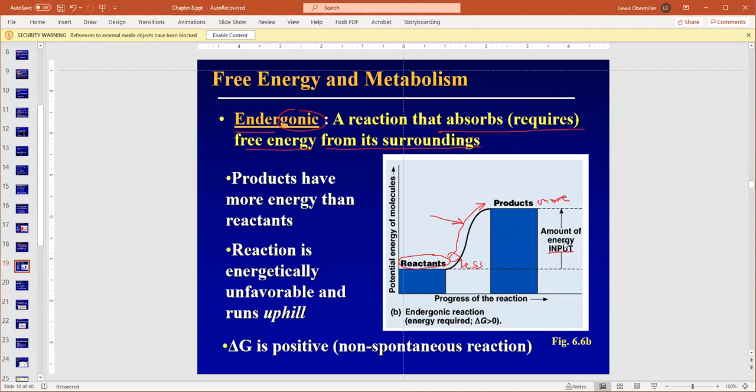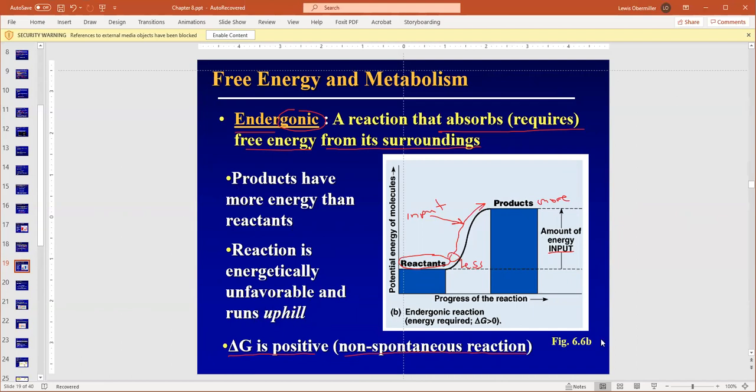We have to input energy into the system. You could push it up the hill, or carry it up the hill, or use a machine to make it go up the hill. But regardless, you're going to have to input energy to get this to go. And because you have to put energy into it, it's not spontaneous. Rocks don't normally run uphill. Water doesn't normally run uphill. So this is a non-spontaneous reaction.